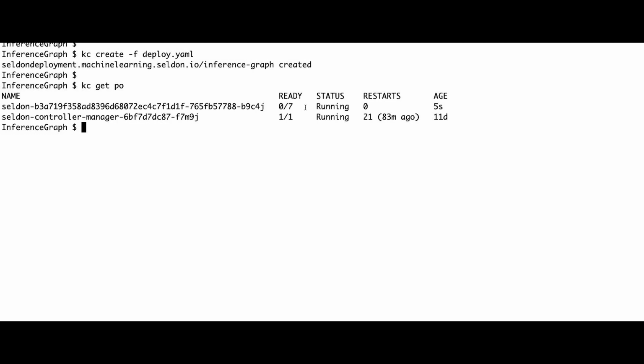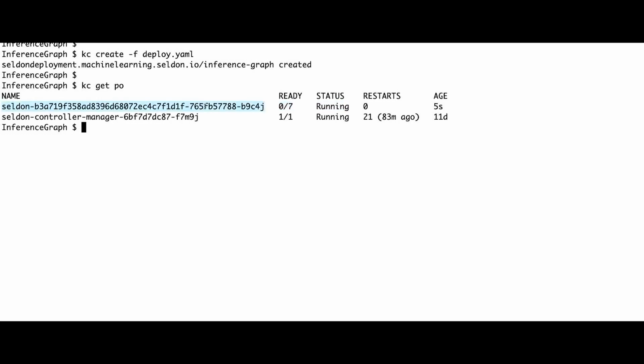Let's start with the deployment. It's just a standard basic Kubernetes command. The same deployment file that I showed you, the YAML configuration file, I'm just applying that to the cluster. It says the graph is created. Let's check whether the pod is up or not. The pod is running, and the containers inside the pod will take some time to come to the ready state.